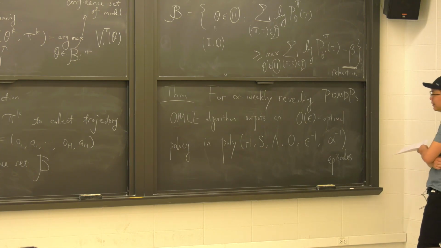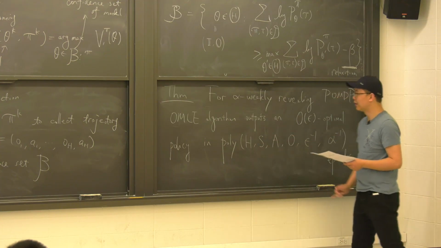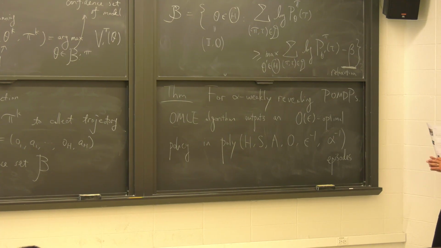So the important thing is now everything is polynomial. It's no longer something exponential in the horizon. So we have an efficient, sample efficient algorithm for learning a very rich class of POMDPs now.